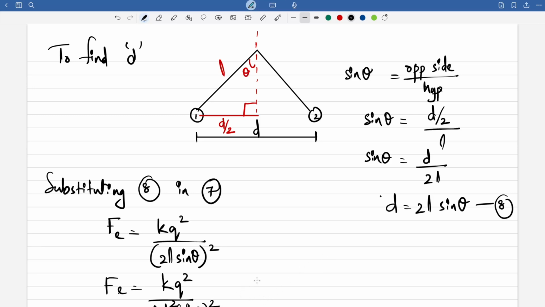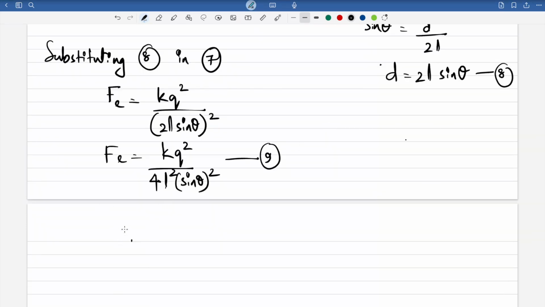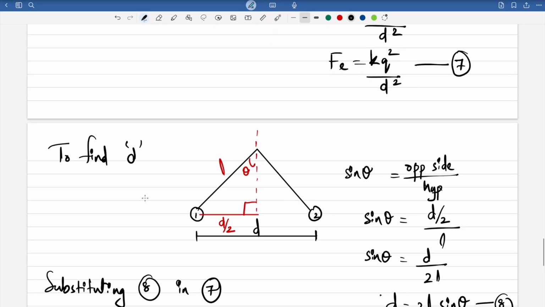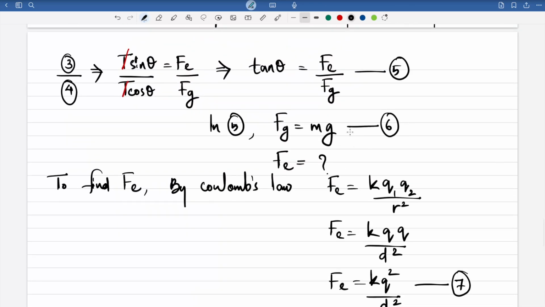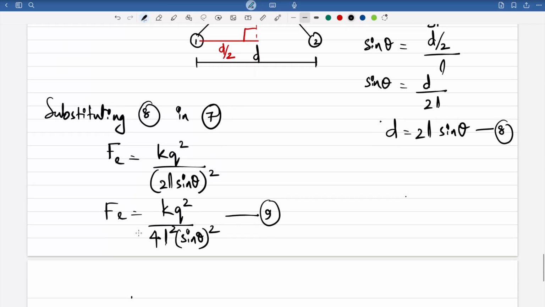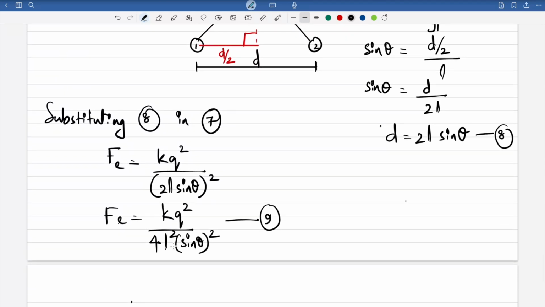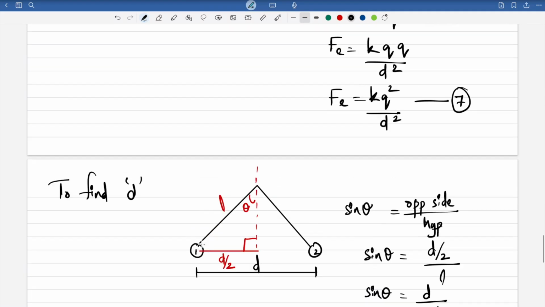Okay, that is Fe. Let's call this equation number 9. So we got Fe and Fg. Fg is mg, equation number 6. Fe is kq square over 4L square sine square theta.